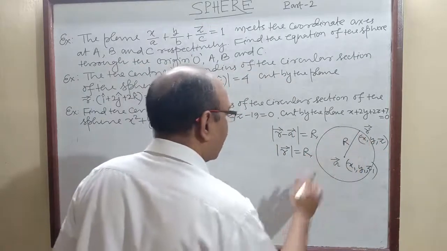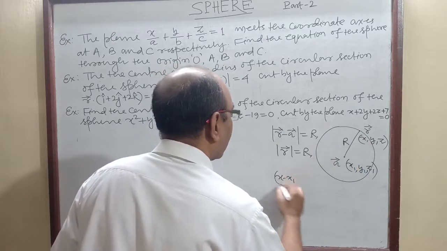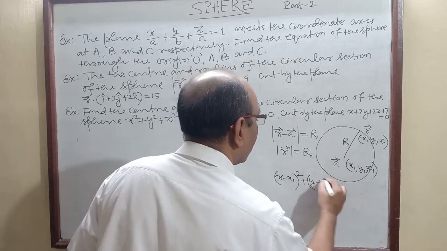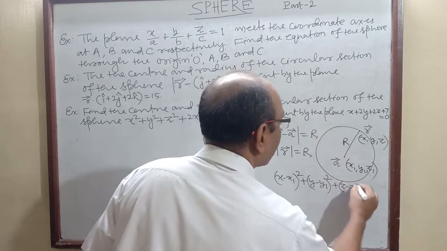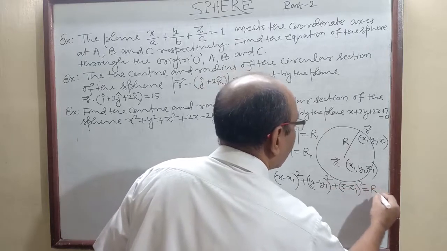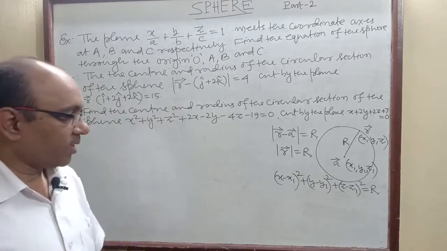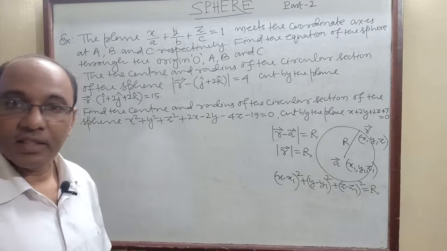Then this distance can be written as x minus x1 whole square plus y minus y1 whole square plus z minus z1 whole square equal to R square, which is the equation of the sphere in Cartesian form, where x1, y1, z1 is the center and R is the radius.